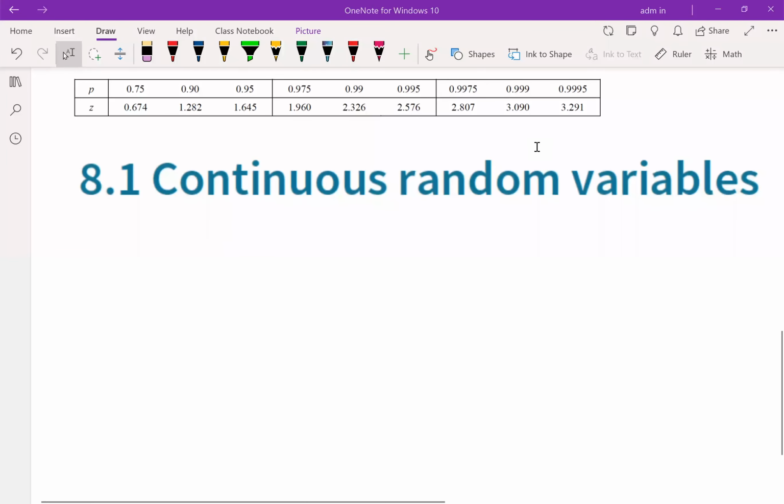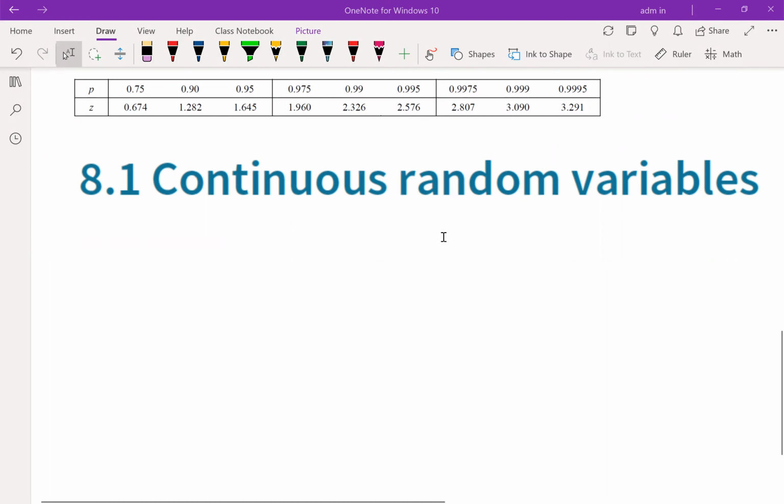The continuous random variables. If we start first with discrete random variables, do you remember we form a table for the probabilities, x and P(x)?